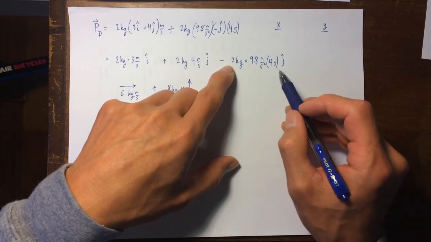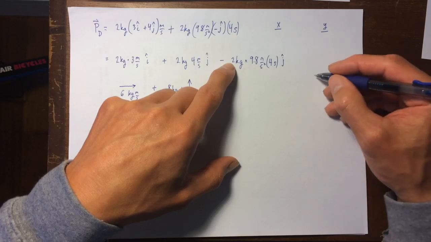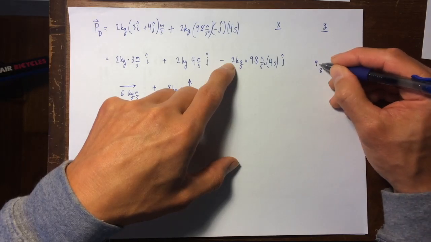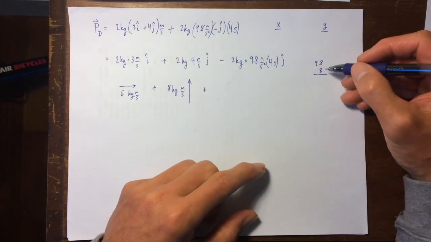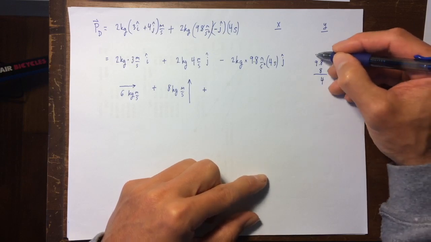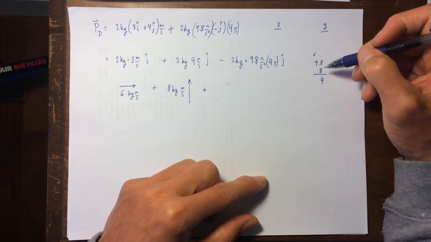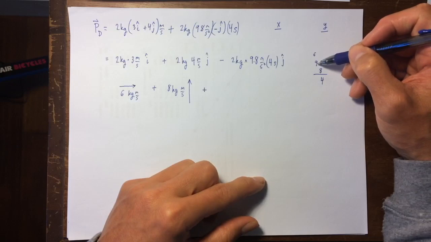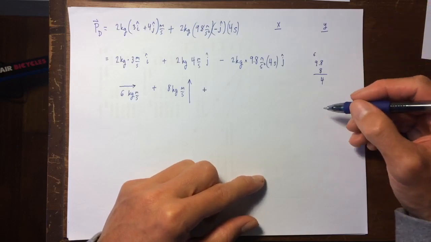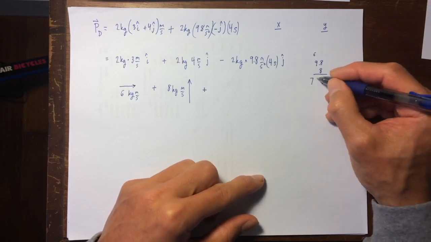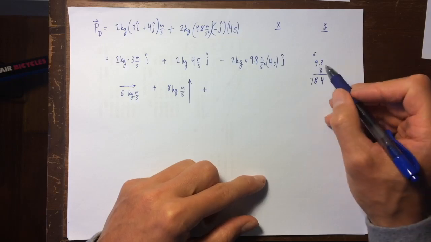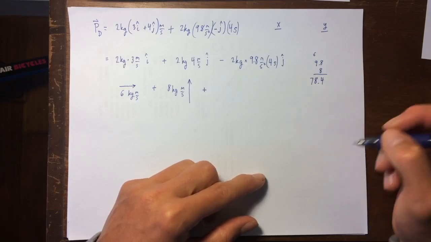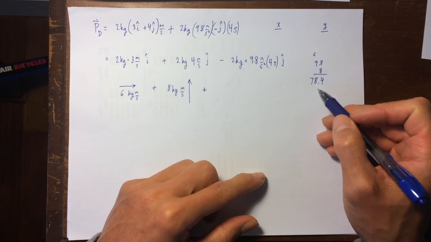So 2 times 4 is 8. So 8 times 9.8. You can watch me do some math. So 8 times 8 is 64. There's the 6. 8 times 9 is 72, plus a 6 is 78. Like this. And there is a tenth. So this is 78.4. Kind of makes sense.